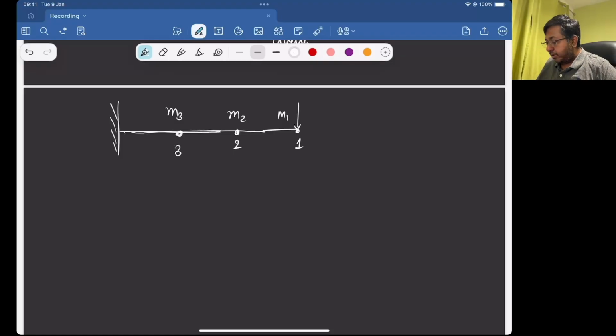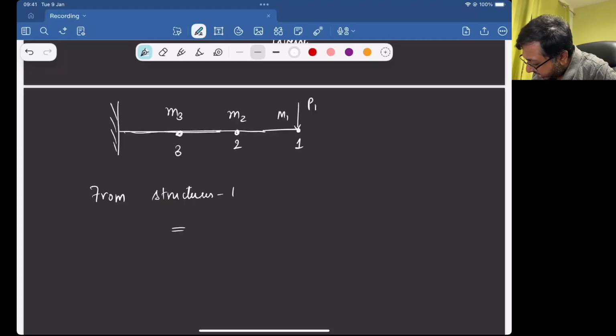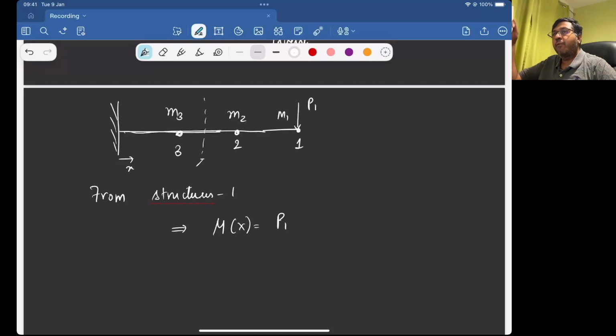Now if I apply a load P1, a concentrated load at point 1, then from my Structures 1, I can write my moment at any point x. The moment at any point x is P1, the force, into the moment arm, which is L minus x.